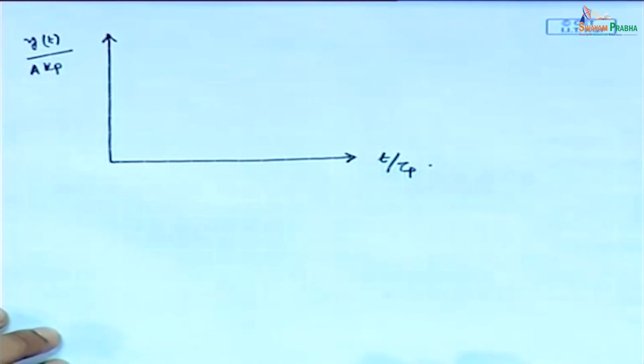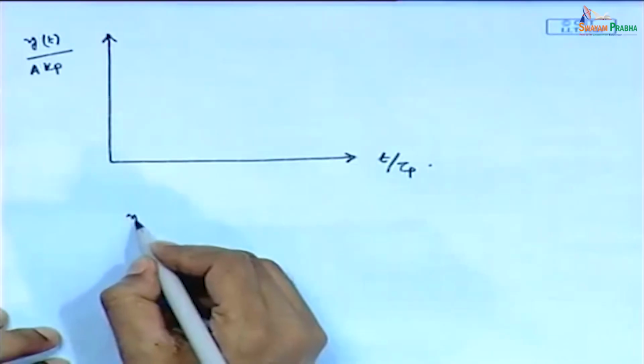See, we are introducing a step change with magnitude a. So, what will be the final steady state? Final steady state we can find considering t tends to infinity.